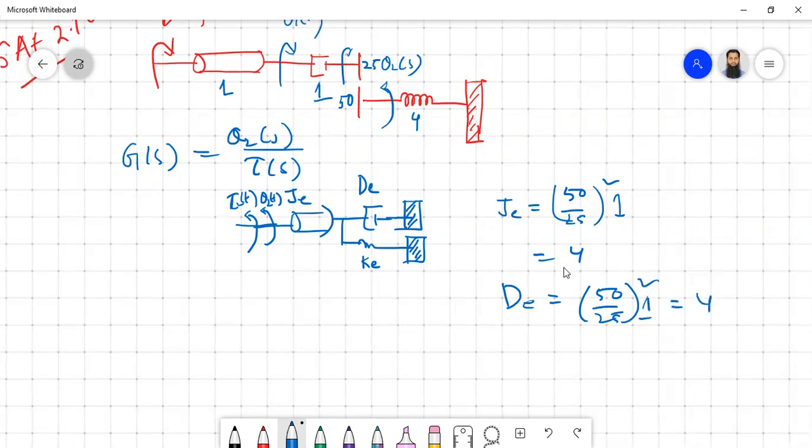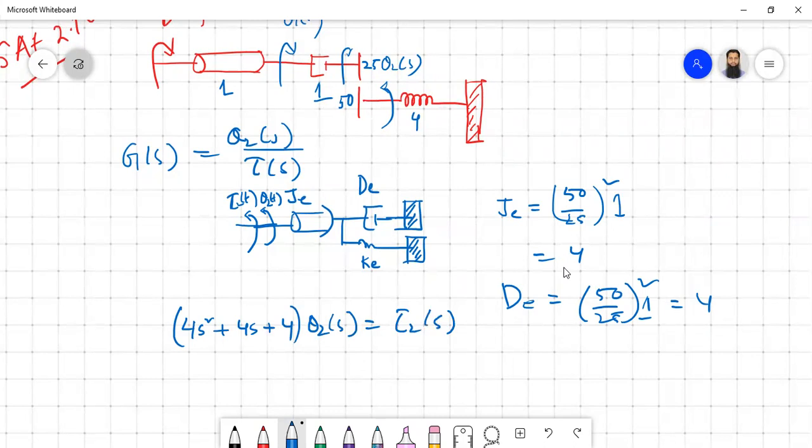So if you now write the equation, then we will have 4s square, because J equivalent is 4, plus 4s, plus K equivalent, which is also 4, then theta 2 s equal to tau 2 s.